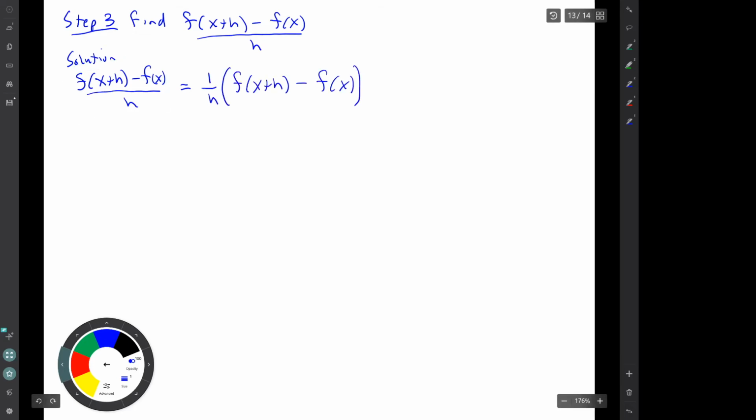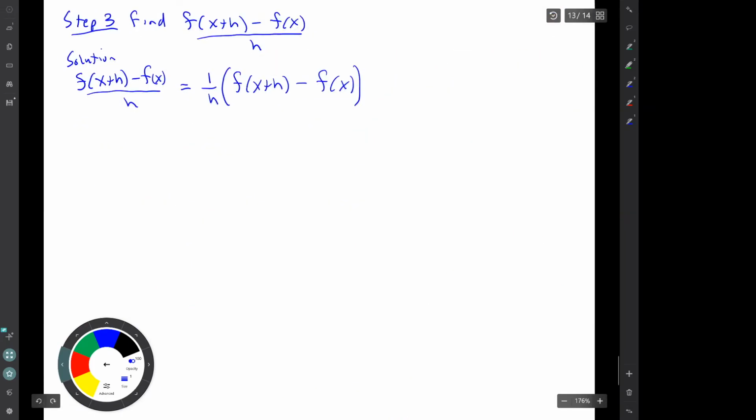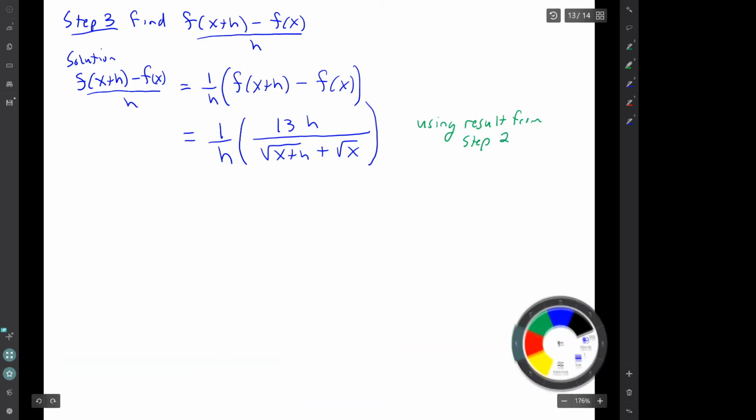Now we go back and get our results from the previous step. This circled expression is going to be put in for f of x plus h minus f of x. So there's our expression for f of x plus h minus f of x over h.